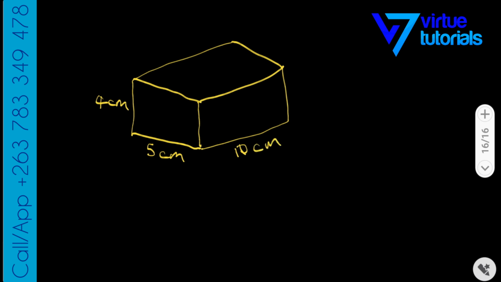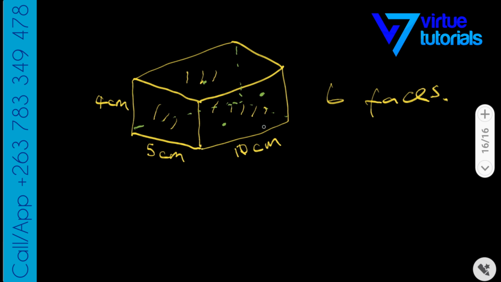Now, how many faces does this thing have? This shape has a face on the inside, one on the other side, one on the other side, and then it has these exterior faces, this one and that one. So a total of 6 faces, right?